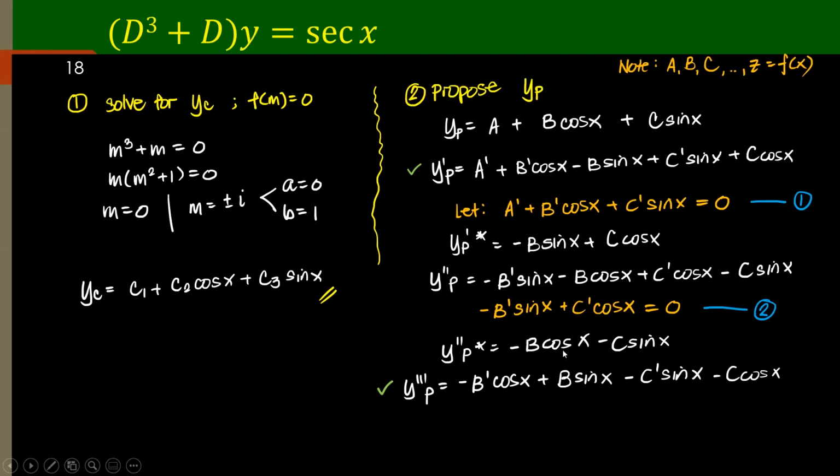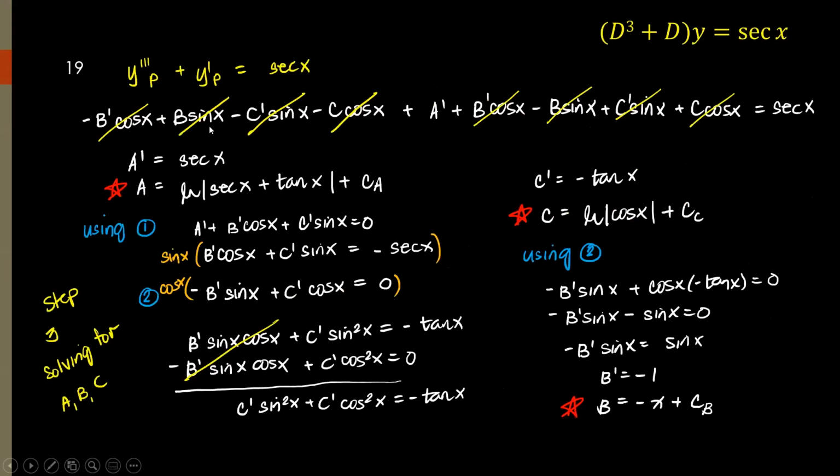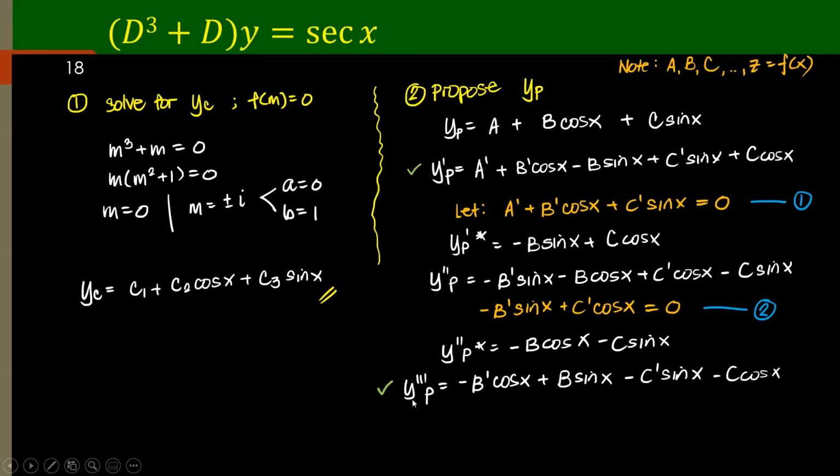Based from the simplified form, I can now get my y triple prime, which is this one. Okay, looking back here, the question is y triple prime p plus y prime p is equal to secant x. So I would base those things from the y triple prime here, the one we checked, and the original y prime.